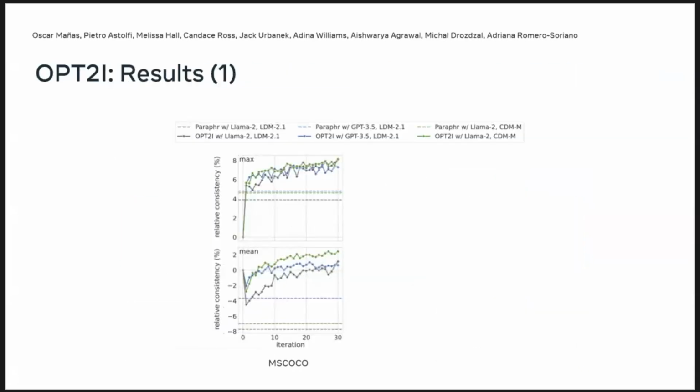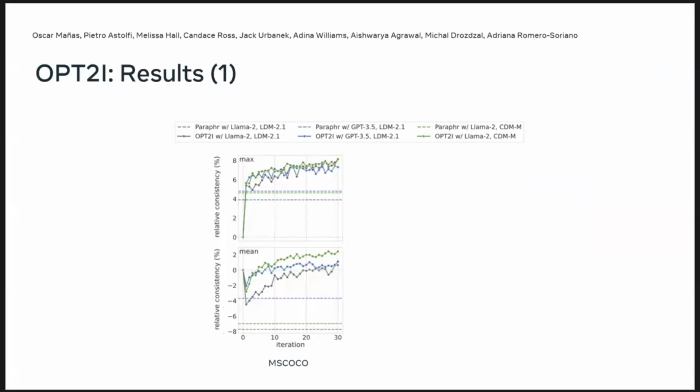And so let's see some of the results of this approach. So here I'm going to present results on two data sets, the first one being the MS COCO data set, and we are showing the relative consistency improvement when considering the maximum score obtained across the generations at a given step, or when considering the average score obtained at a given step, considering the generations from this step.